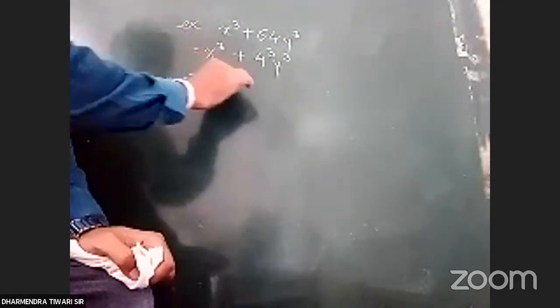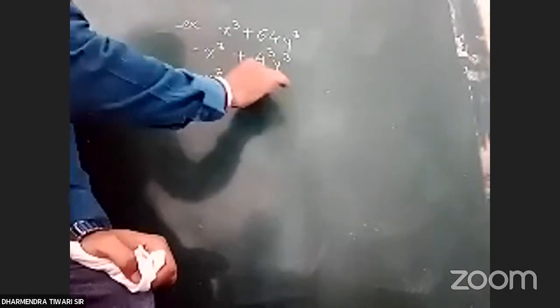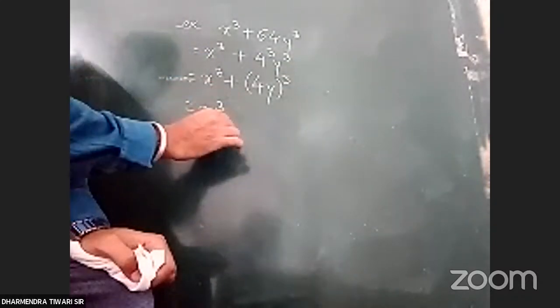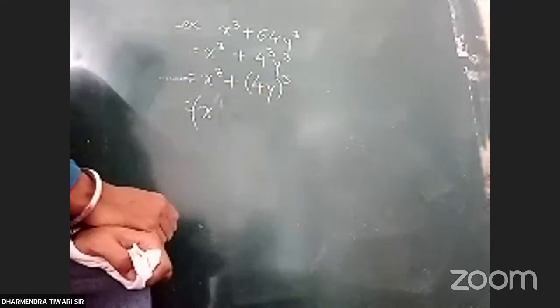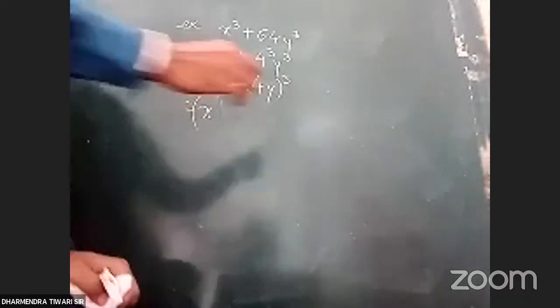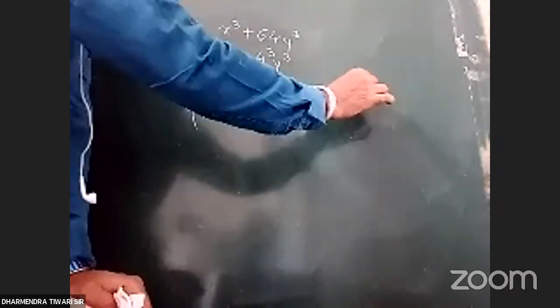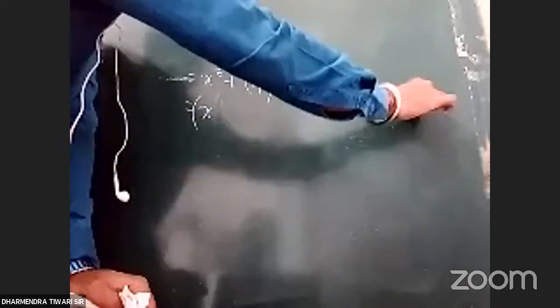So 4 cube into y cube, x cube plus, you can write this as 4y the whole cube. This is nothing but x cube. And now you can apply the formula directly, no need to write the cube again. a cube plus b cube. So b is 4y. If you are having some confusion, you can correlate with a equal to x and b equal to 4y if you want.